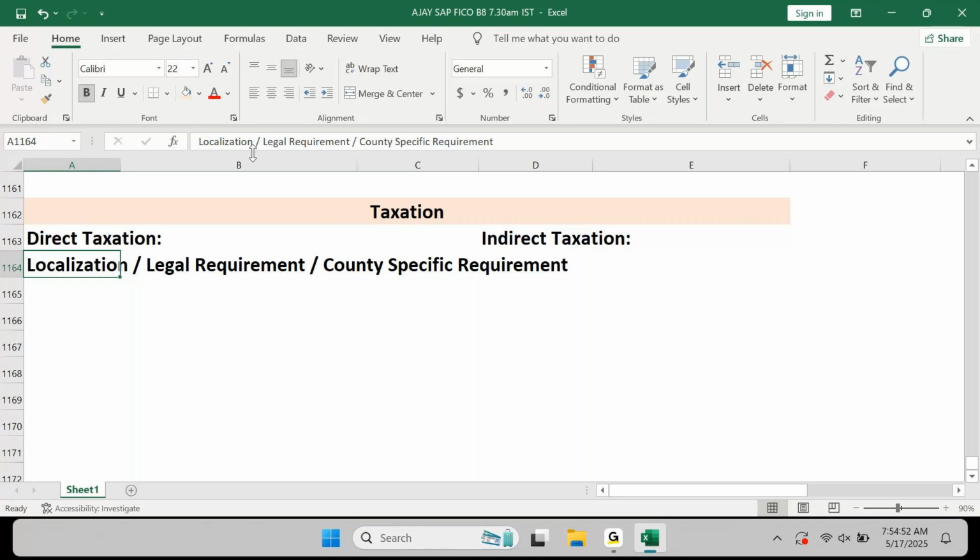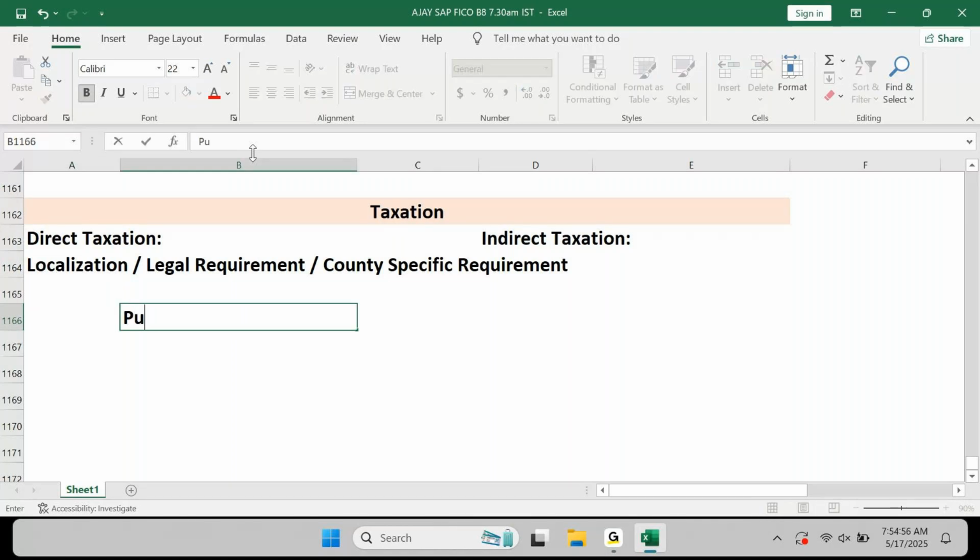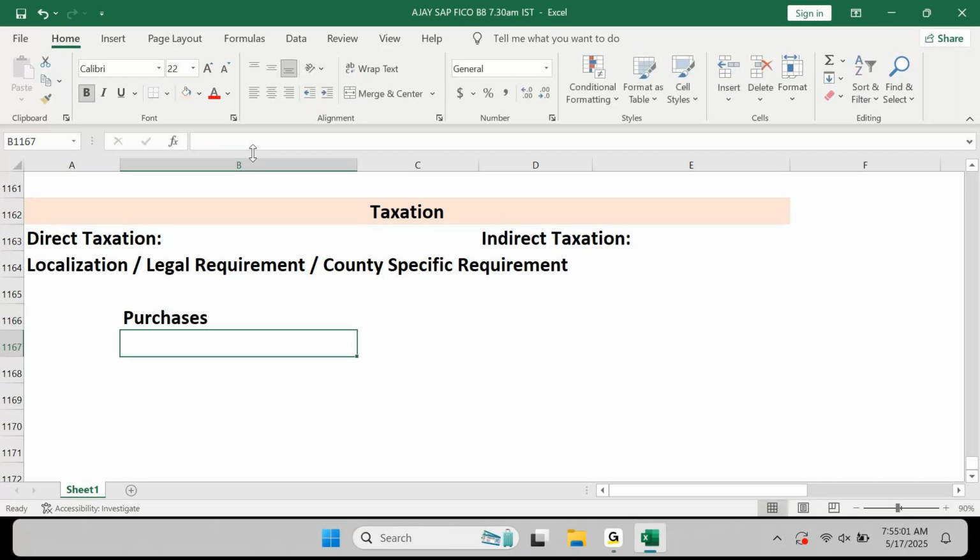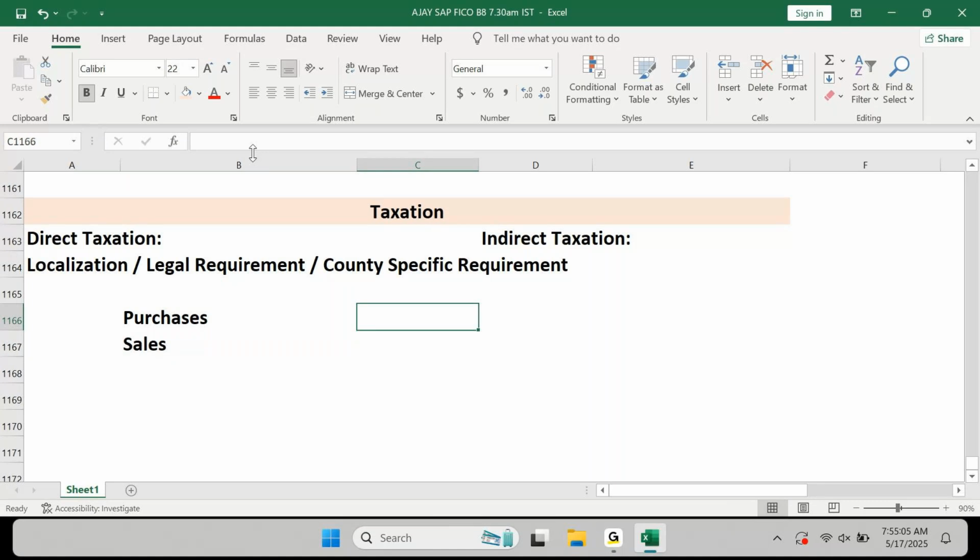Now, before we get into it, if we talk about purchases and sales: in purchases, is the FI consultant involved or not? Yes, sir. In sales, is the FI consultant involved or not?